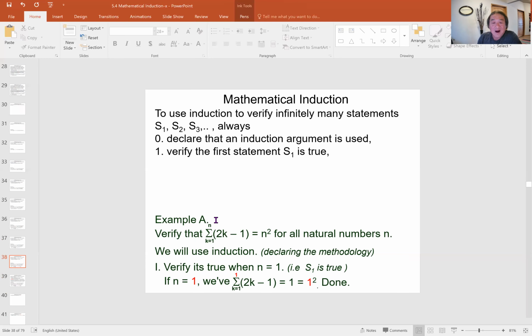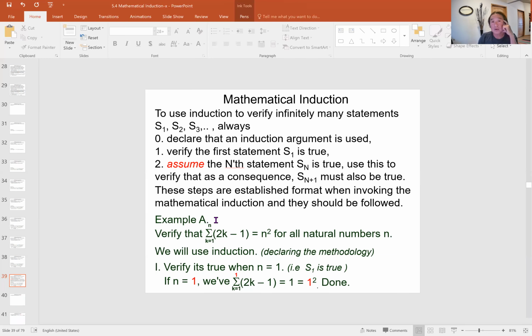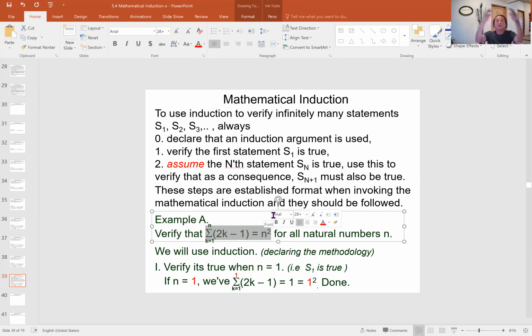Now, here comes the part which some people find hard to digest. We're going to assume this pattern, that is, this formula works up to a point. The pattern persists up to this much.